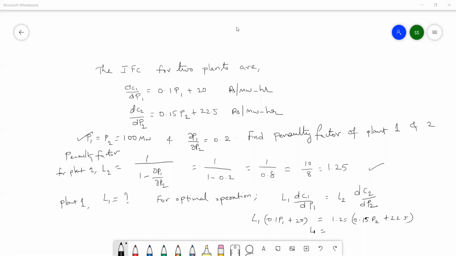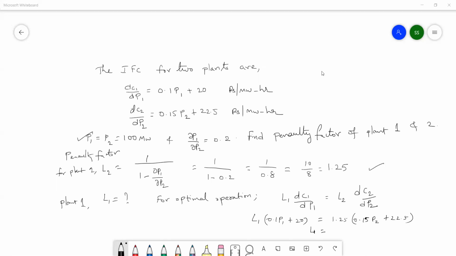Do it quickly. Just substitute 0.1 into 100 plus 20 on the left hand side, and on the right hand side 1.25 into 0.15 into 100 plus 22.5. Therefore L1 equals, it should be 1 point something. 1.56, sir. 1.56.